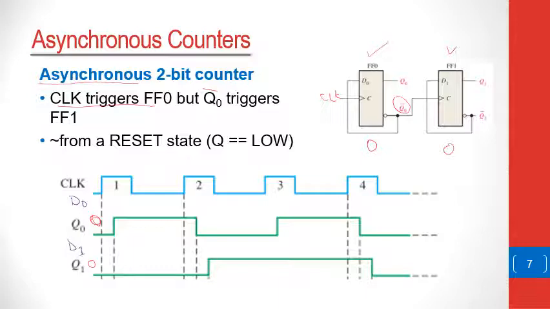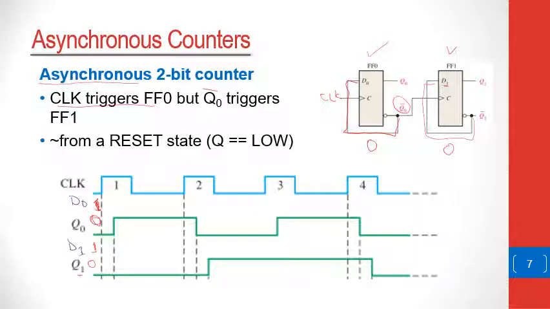At the beginning, D0 would be equal to 1, because if you look at it, D0 is connected to Q0 bar. So D0 would simply be 1 because Q0 is 0. Let's trace back D1 also. D1 is connected to Q1 bar, which means that if Q1 is 0, then D1 is going to be 1.